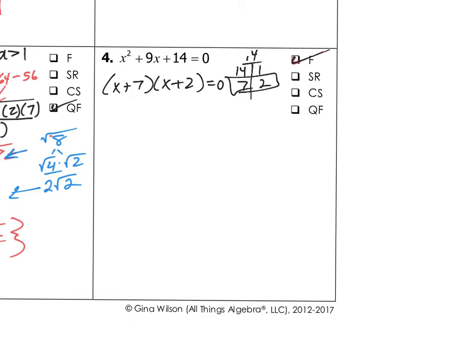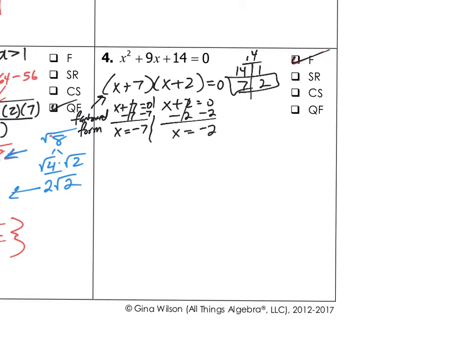And so you guys know, this is what we call factored form. Okay. And then to solve, we just set each one equal to 0 and solve for x. Subtract 7, x equals negative 7. Subtract 2, x equals negative 2.